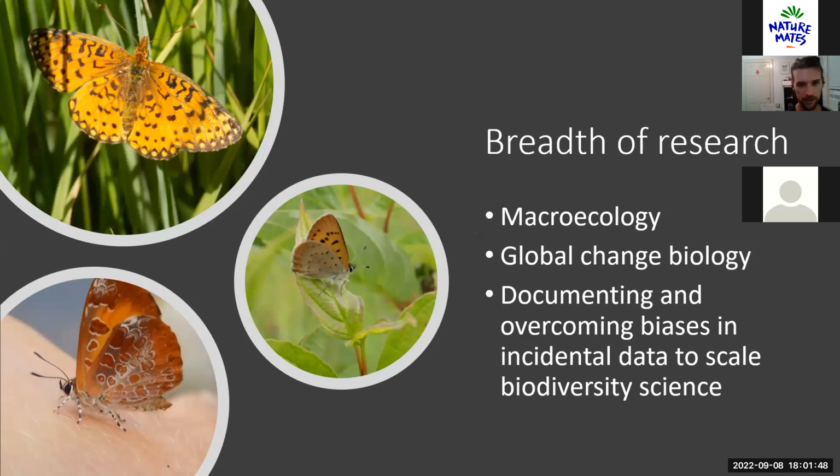So now I'm going to quickly go over some of the breadth of my research, focusing on three main areas: macroecology, global change biology, and documenting and overcoming biases in incidental data to scale biodiversity science.